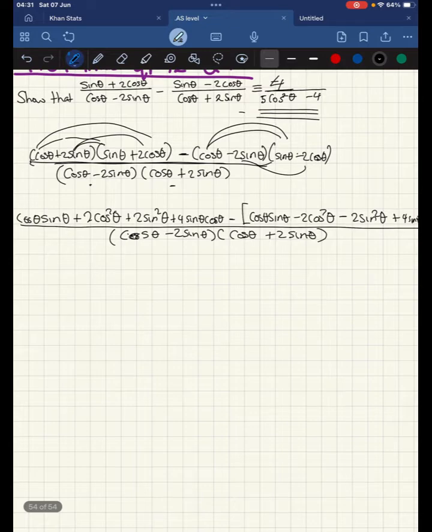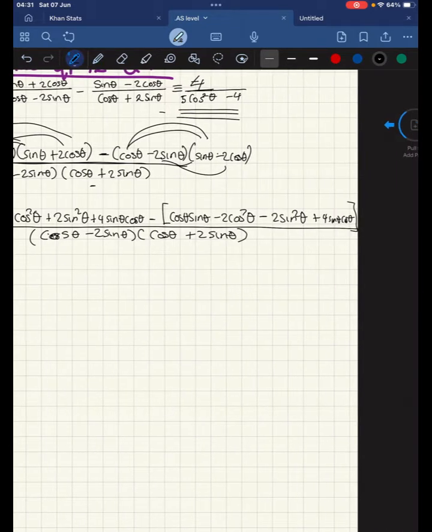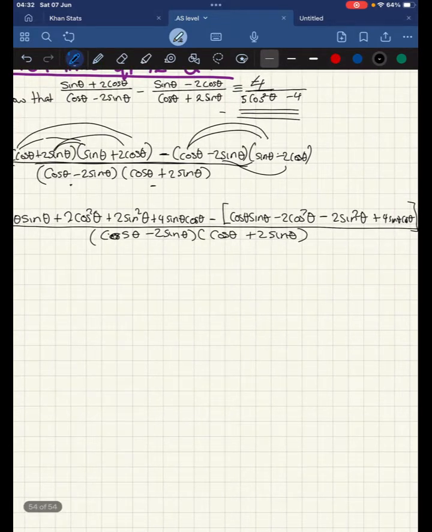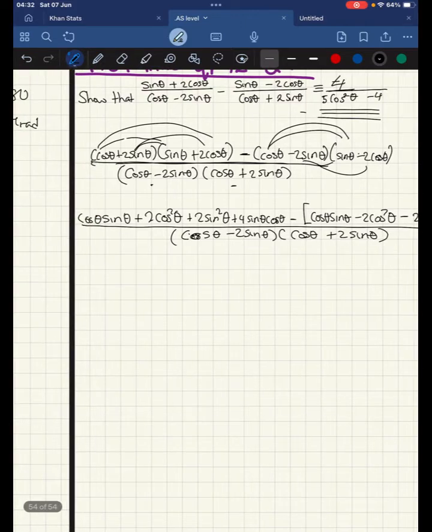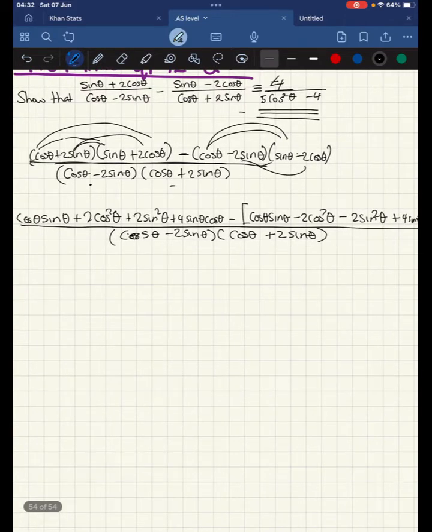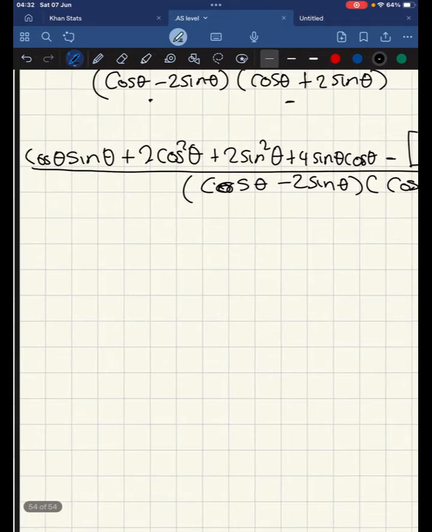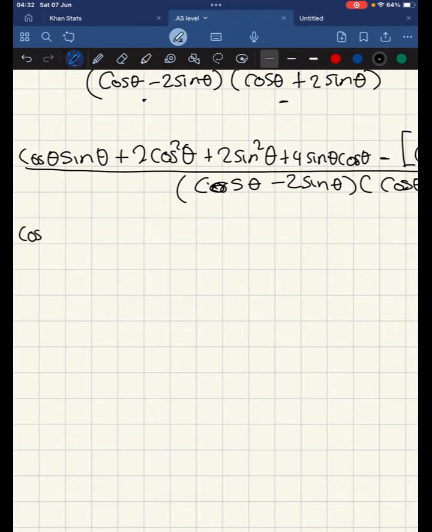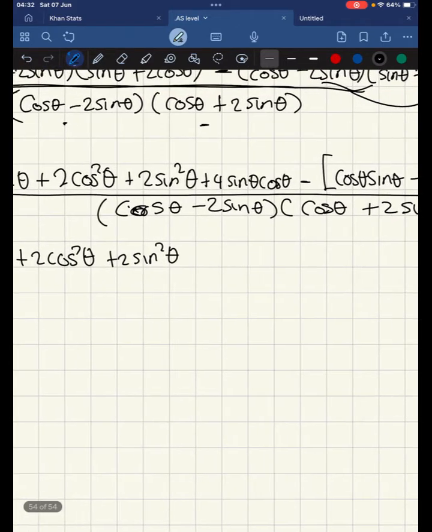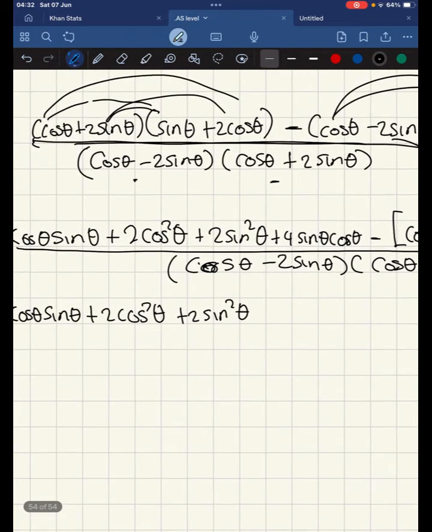Essentially, we are going to then have to do some cancelling out. So rather than writing this, let me just write it again. So this is cos theta sine theta plus 2 cos squared theta plus 2 sine squared theta.